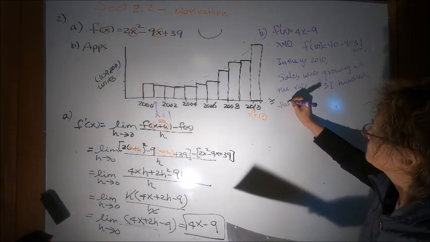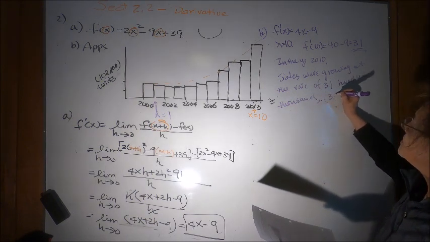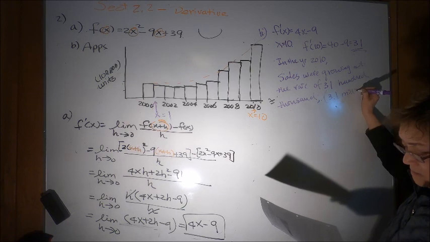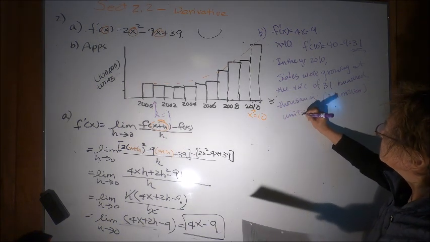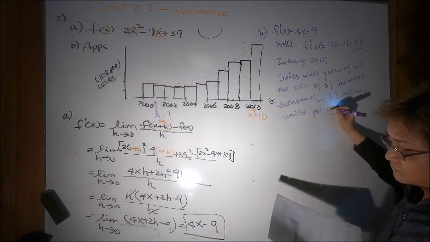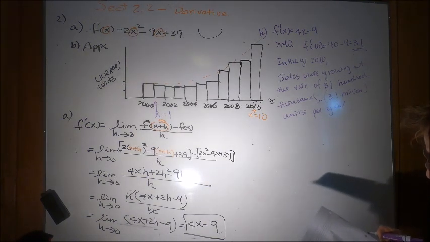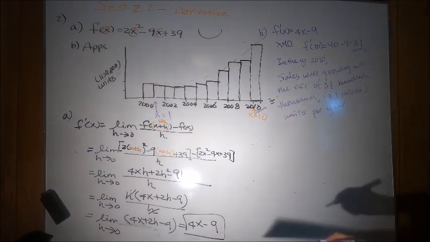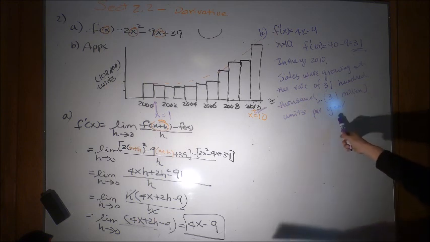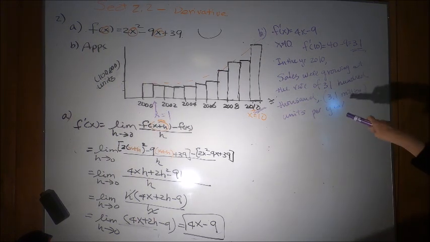3,100,000. That means what? 3.1 million units per year. Okay, so at this time, 2010, they are selling... instantaneous rate of change.